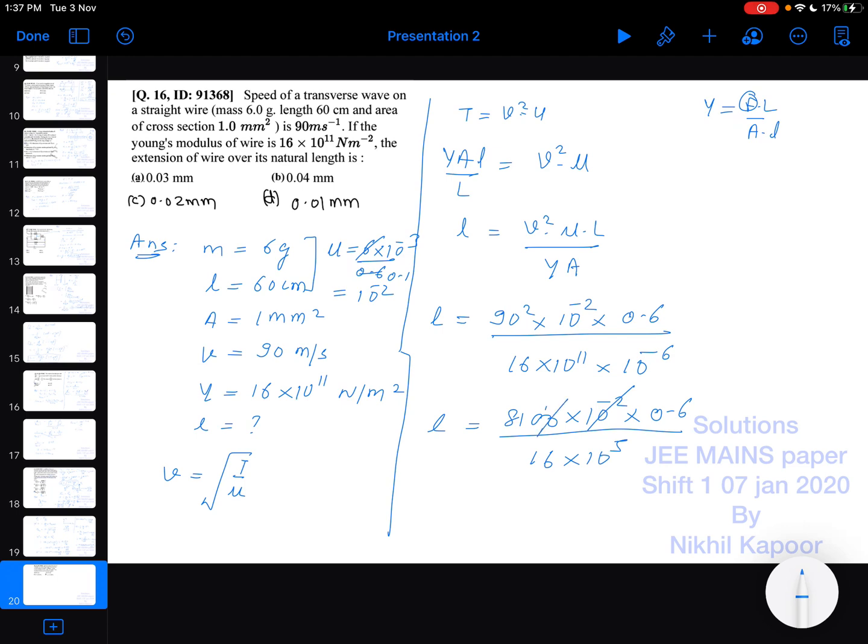Now 10 raised to minus 2 and these 2 zeros get cancelled out. 16 ones are 16, 16 fives are 80 approximately, and 5 sixes would be 30. So it will be 3 into 10 raised to minus 5 in meters. As all options are in mm, it will be 3 into 10 to the power minus 5 into 10 to the power 3 millimeter. So that would be 0.03 millimeter.